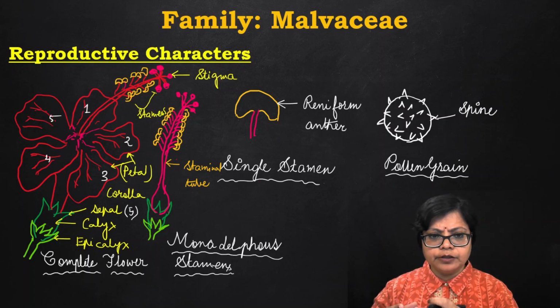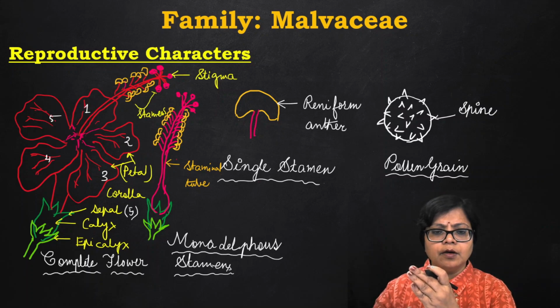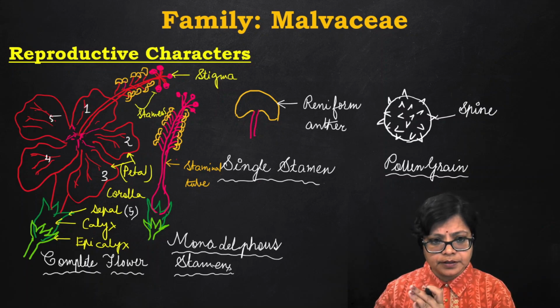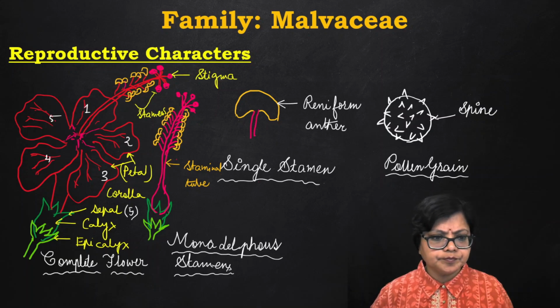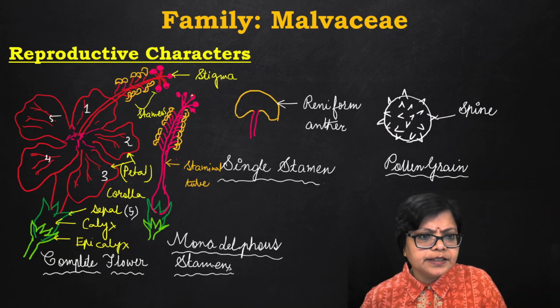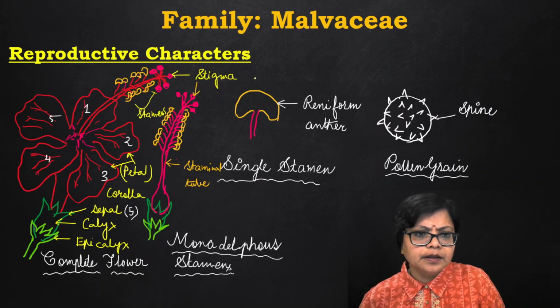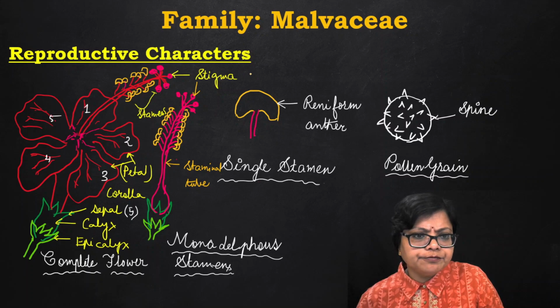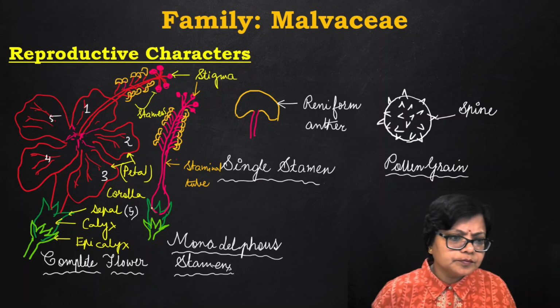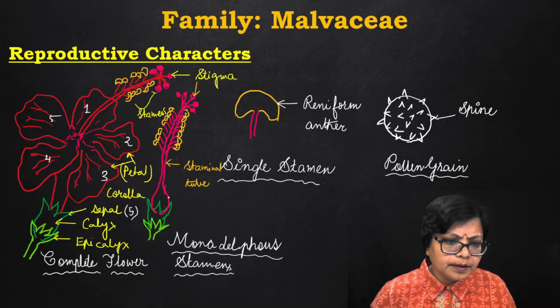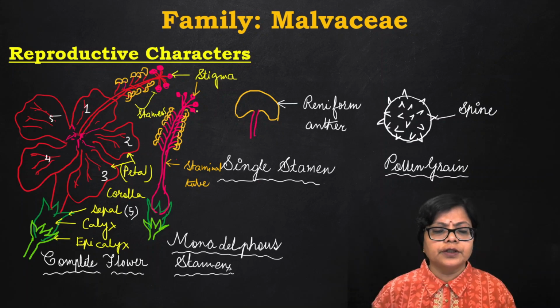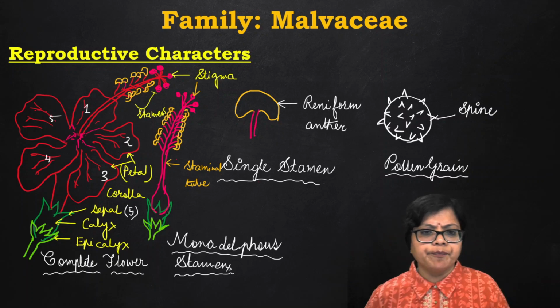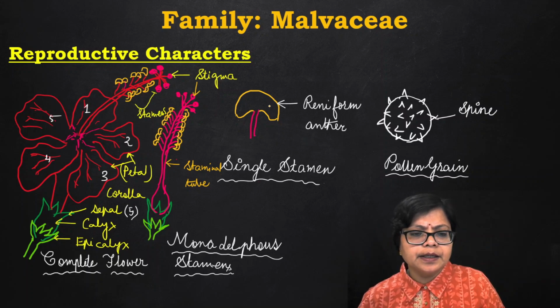Inside the staminal tube, the long style of the 5 pistils is passing, whereas the stigmas at the tip are globose, spherical, and free from each other, and the ovary is superior. So this is the unique feature for the members of Malvaceae.